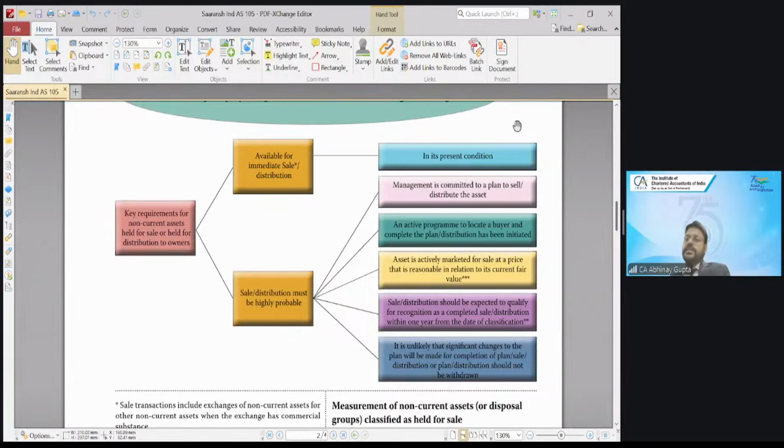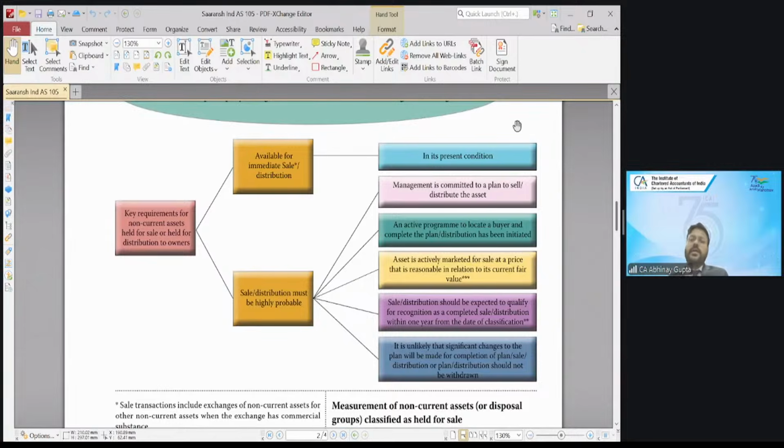For example, advertisement in the newspaper or in the media, or hiring some third party marketers who would be able to find the buyer for the company's assets, right? So somehow management needs to demonstrate that yes, they have started and are actively locating the buyer to make the sale happen, right?